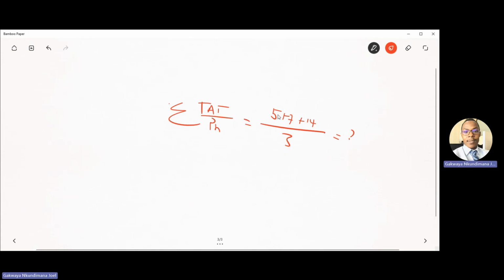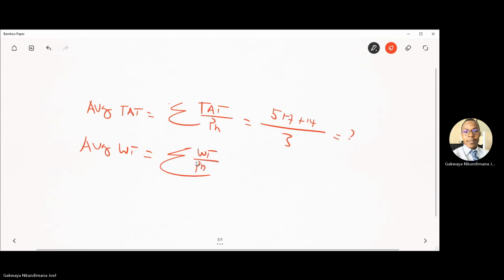That is going to be known as the average turnaround time. Now you calculate another variable, average waiting time. Same is equal to the summation of waiting time divided by Pn. Pn is 3. We have only 3 processes.